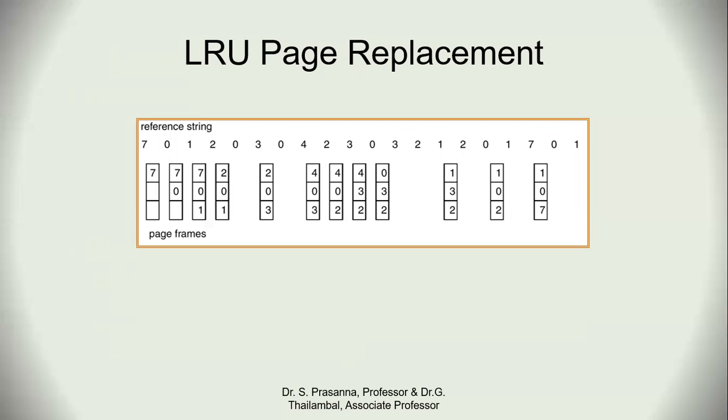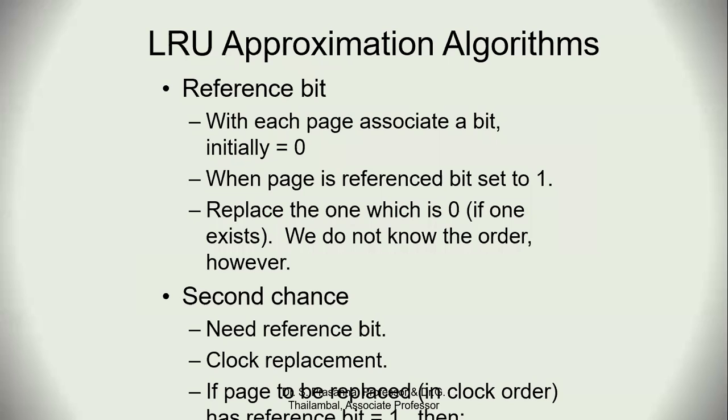Similarly, when you go through all the replacements until 1, you can say that 12 page faults are available for this LRU page replacement for the same reference string. So FIFO is 15, LRU is 12, and optimal is only 9. So which is better? Optimal is the better replacement algorithm.